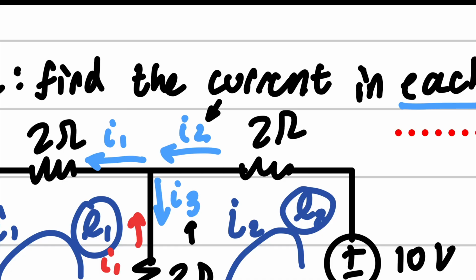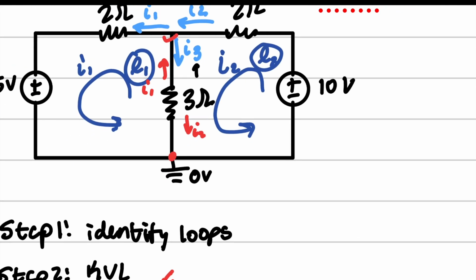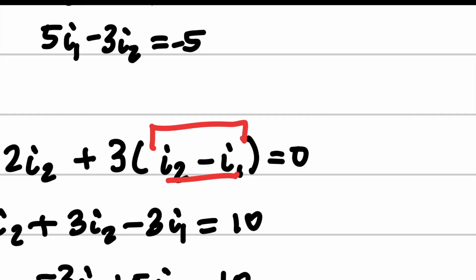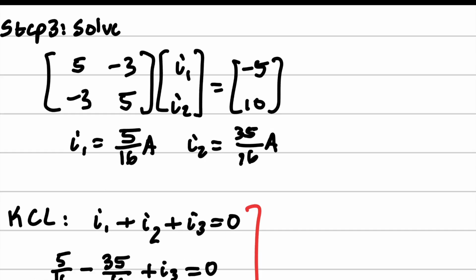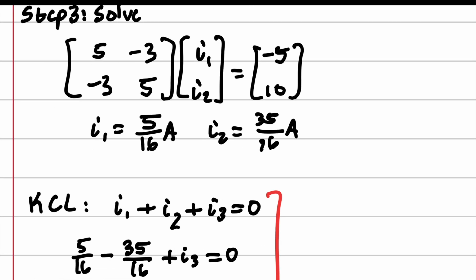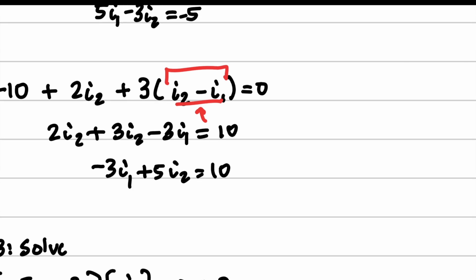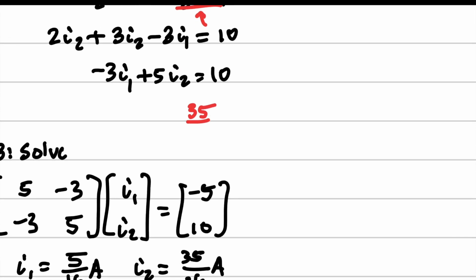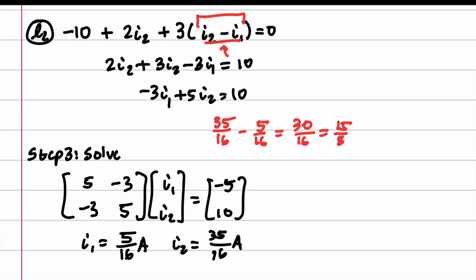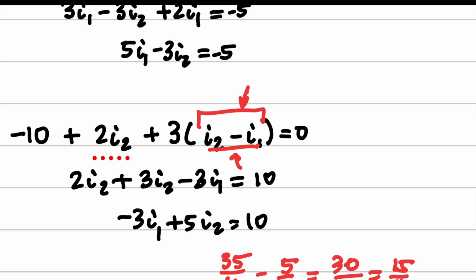I2 is going into the node, I1 is going out of the node in respects to KCL. And you could be lucky and choose the one which actually does correspond to the correct current going down that branch, which is 30/16 or 15/8.